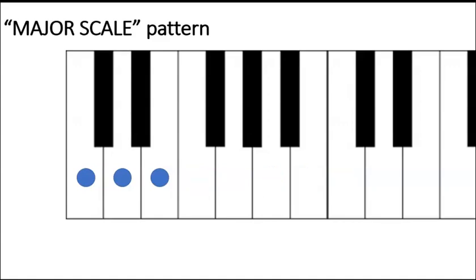Let me do it again. Here it goes. You hear it? That is also known as the do-re-mi scale. Maybe you've sung in music class, do-re-mi. Here it is kind of faster.